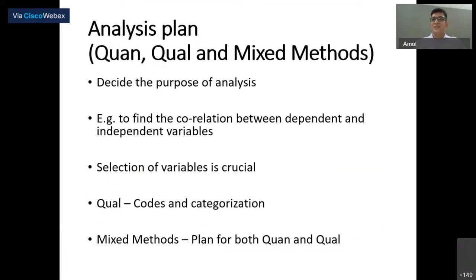Now, I was just mentioning the analysis plan, which is often a poorly written section in protocols. And quite often they are just copy pasted from their colleagues, what they have done. And it's quite common that they do not match with your intentions. So first check what is your intention.